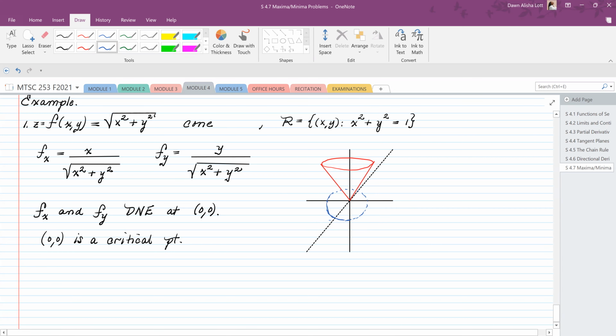I'm including the boundary. So that's the region on the ground. So this is R.